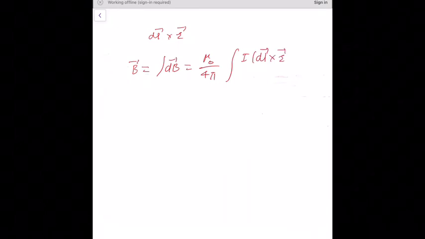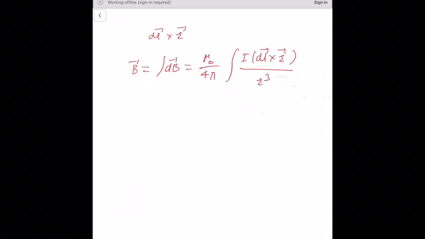Okay. Then the magnetic field due to the whole conductor XY is obtained by integrating dB vector over the entire length of the conductor, that is, the magnetic field due to the whole conductor at the point P is given by B vector is equal to integration dB vector, or mu naught upon 4 pi integration I dl vector cross r vector upon r cube.